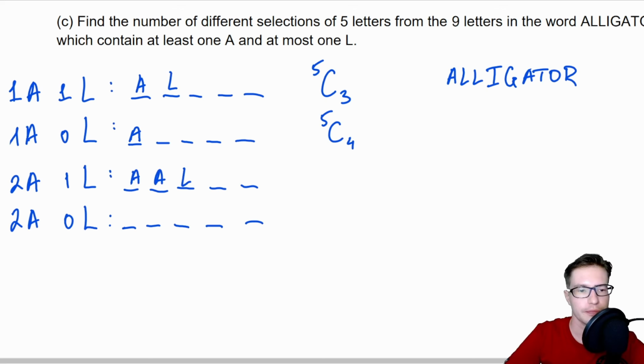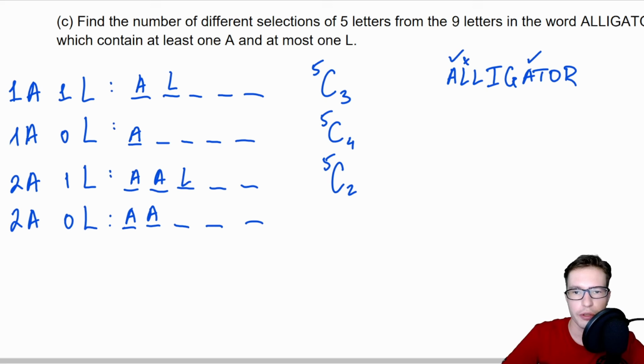Okay, next one we have 2 A's and 1 L. That means 2 A's are chosen, and 1 L is chosen. We're not allowed to choose one more L. So we have to fill 2 places, and we have 5 choices. And in the last case, we have 2 A's, 0 L. So 2 A's are chosen.